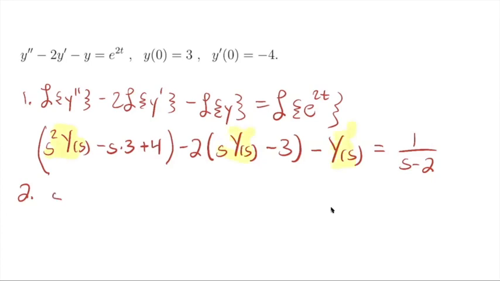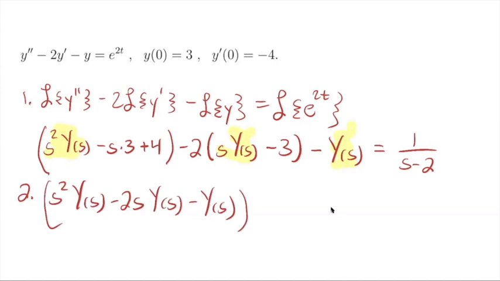So that gives me s squared y of s minus 2s y of s minus y of s. And then I've got my other terms, this one, and this one.